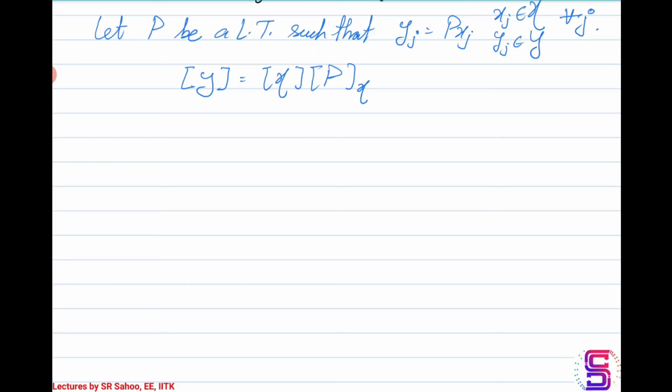And please also note that P is an invertible transform, and I asked you to prove that it is invertible. So Px is also an invertible matrix.